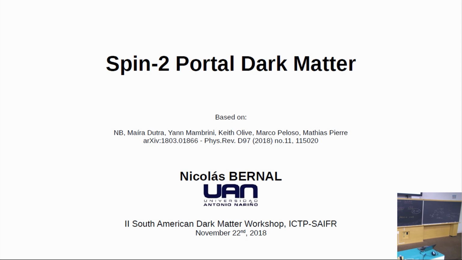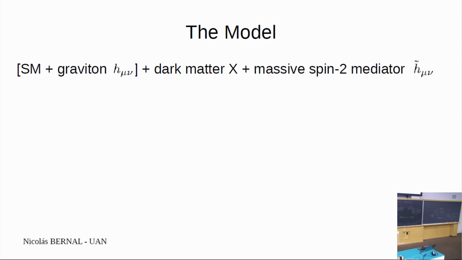So the model is very simple, right? The idea is we have the standard model with a dark matter candidate and a mediator, basta. So the standard model plus the graviton. Of course, we cannot get rid of the graviton. The graviton h_mu nu, plus a dark matter particle X and a mediator, which will be h_mu nu with this tilde.